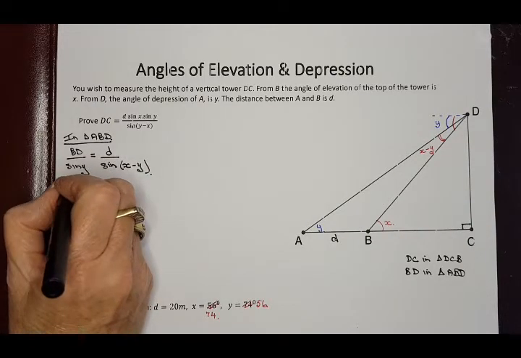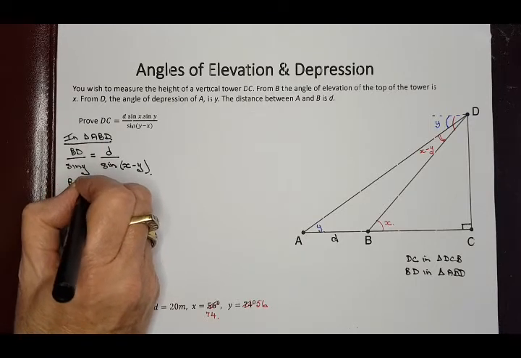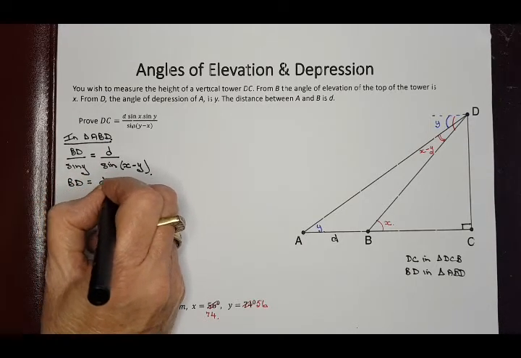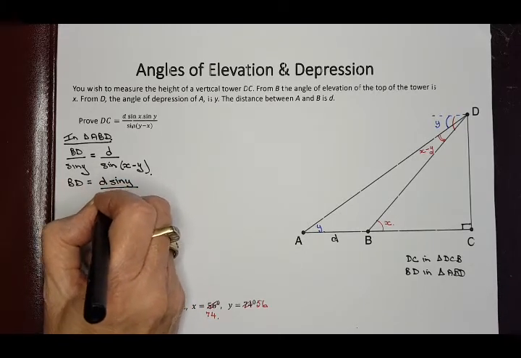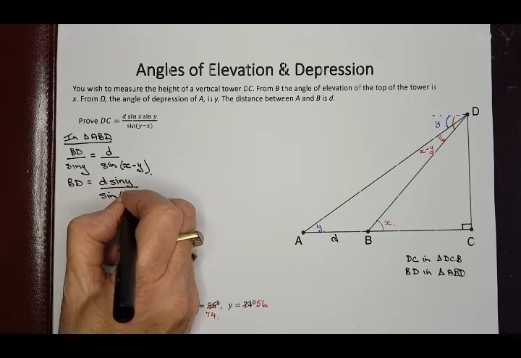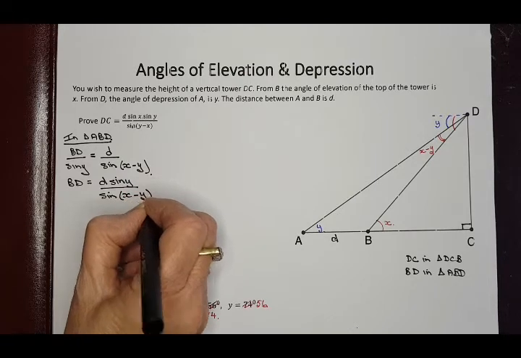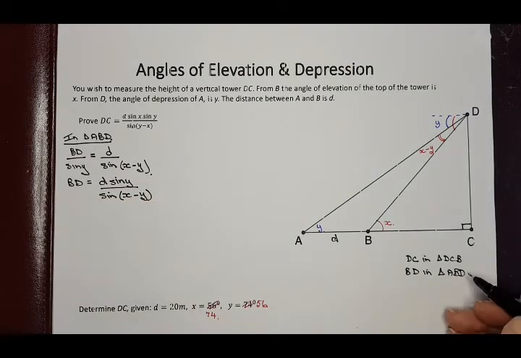Multiplying to isolate my BD, BD becomes d times sine of y all over sine of x minus y. I've fulfilled that part of my plan.